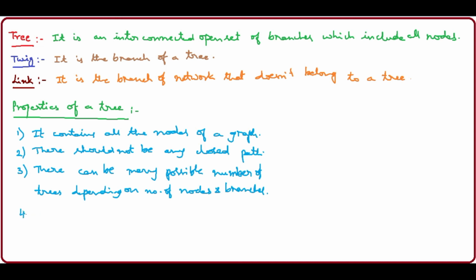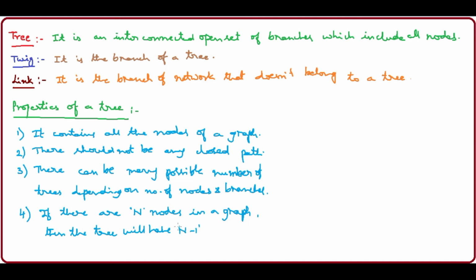One more property is, if there are capital N nodes in a graph, the tree will have N minus 1 branches. So these are the properties of a tree.